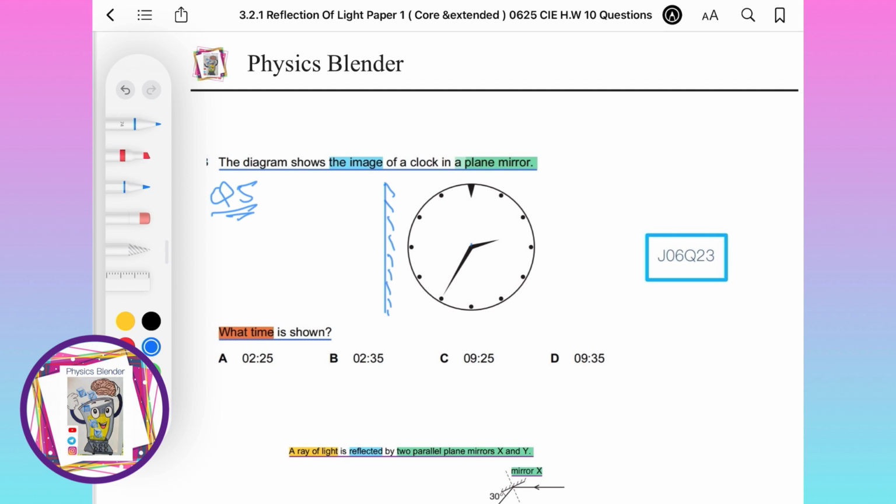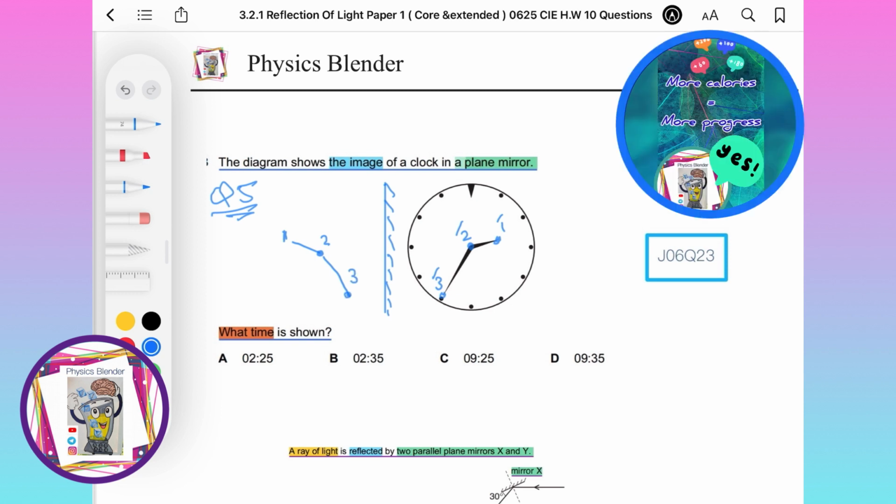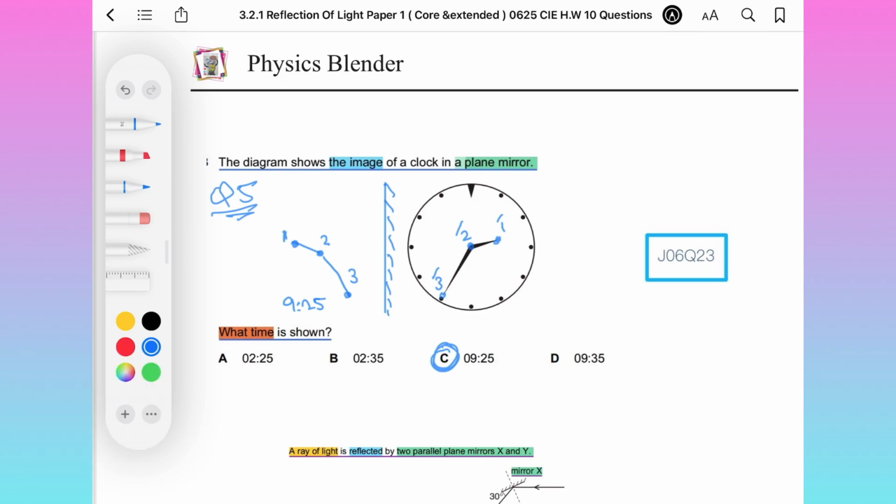So you can consider here 3 points, 1 dash, 2 dash, 3 dash, and we are trying to find them at equal distance. So this is 1 and this is 2, and here at equal distance, it will be 3. So if you look at this, you can read it on the clock as 9:25. So the answer of this question is C.